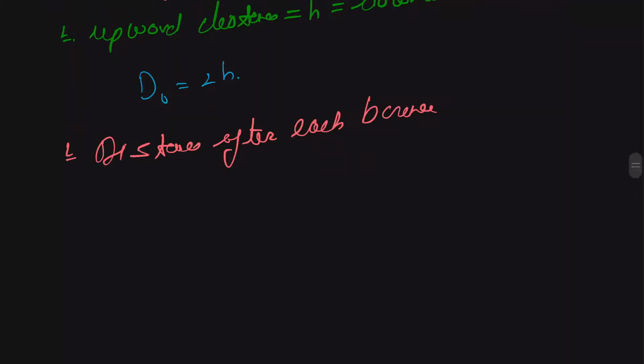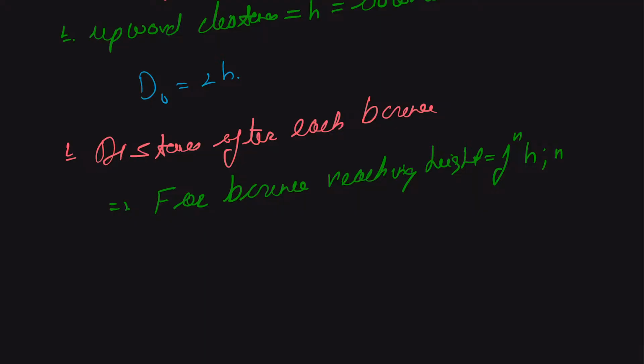So distance after each bounce: for a bounce reaching height, this generalization formula we can write as f raised to power n times h, and here the value of n is equal to 1, 2, 3, and so on.